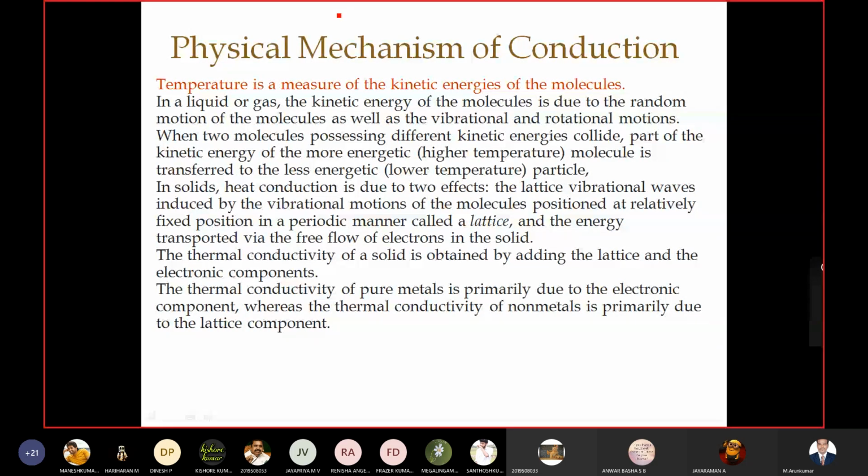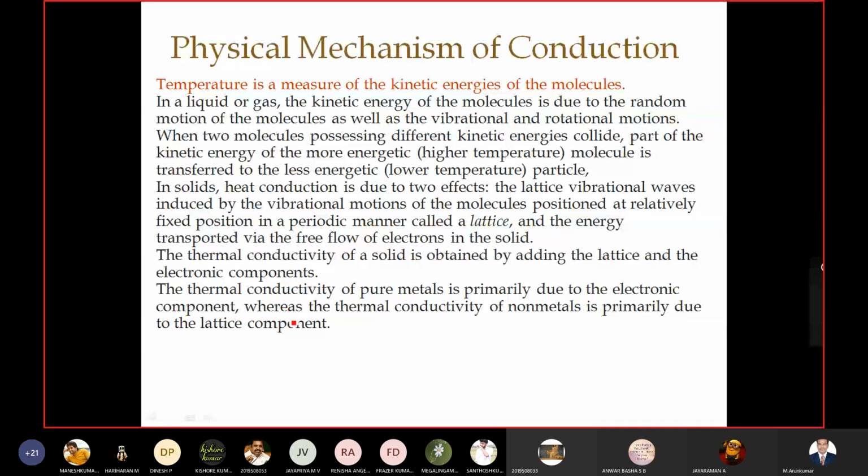So there are two possibilities of heat conduction in solids: through the lattice, and through the flow of electrons, which is because of electronic components. The thermal conductivity of a solid is obtained by adding the lattice and the electronic components. The thermal conductivity of pure metal is primarily due to electronic components, the flow of electrons.